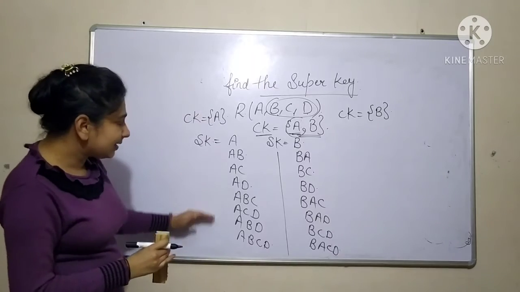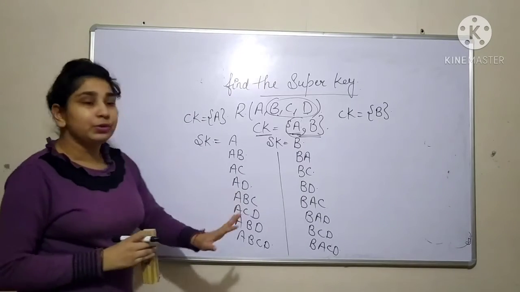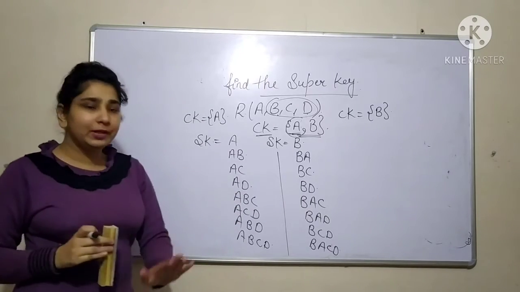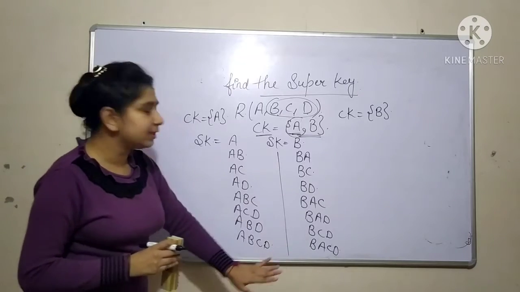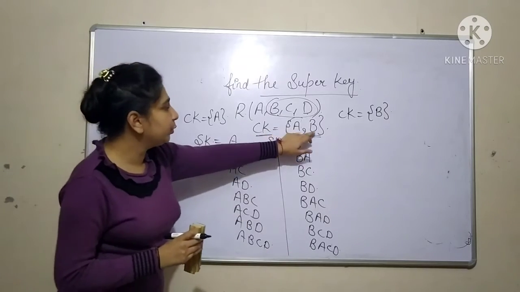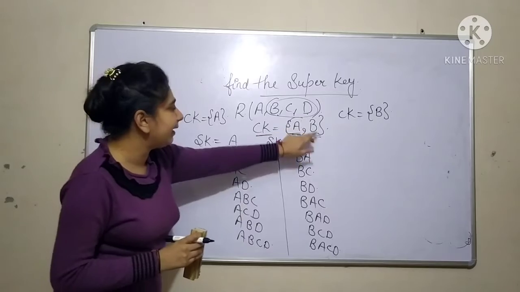So these are the super keys possible if we have two candidate keys A and B.